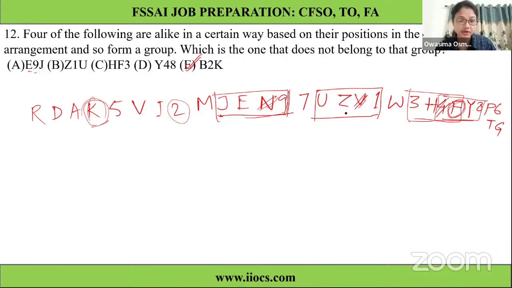And among 3H4F, if we eliminate 4, we get the third series 3HF, and if we eliminate F, we get the fourth series, Y48. But there is no similarity in B2K because B is absent from the whole series. So option E will be the right answer.